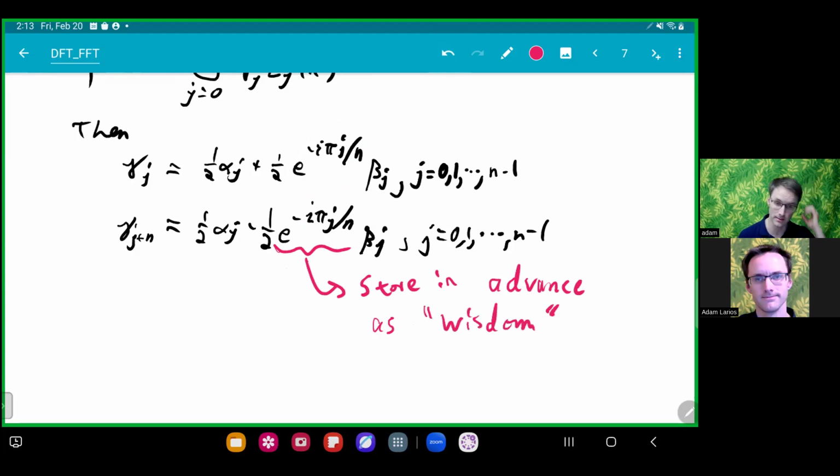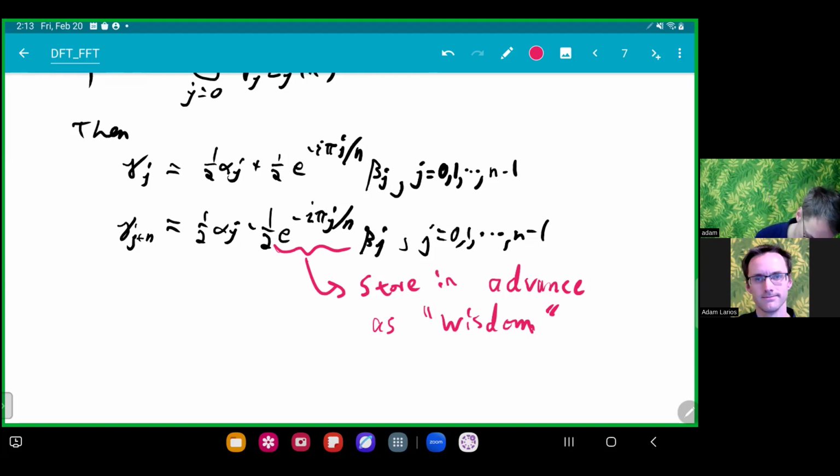So in some FFT algorithms, you can run the formula through once and store them. Various libraries call these by different names, but you store it as something called wisdom, and then the next time you need them, they're already stored and ready to go.